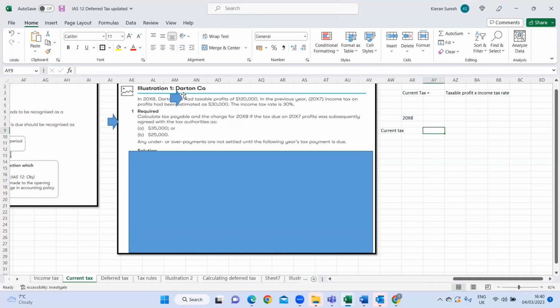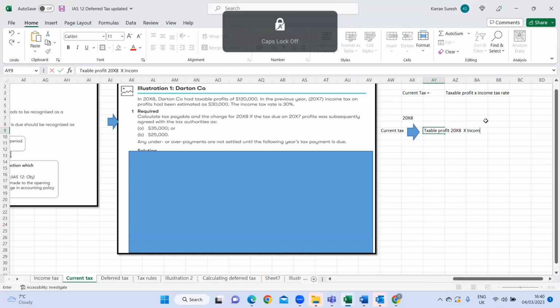I need to know the taxable profit for 2018, and that times the income tax rate.